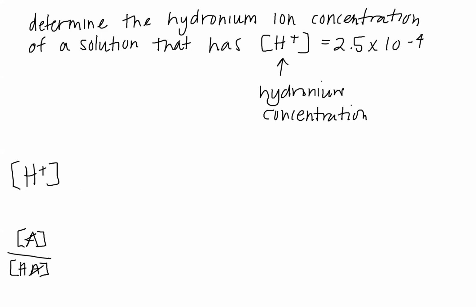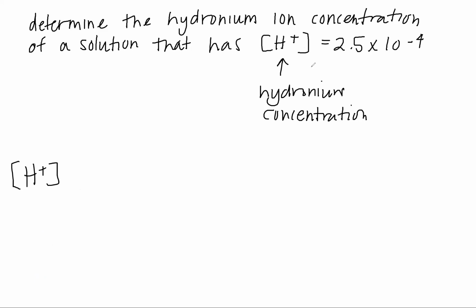So 1 over this. Basically, we're just trying to figure out the hydronium concentration when we do the Henderson-Hasselbalch. So in this question, it's tricky. It's a trick question because he already gave it to you.